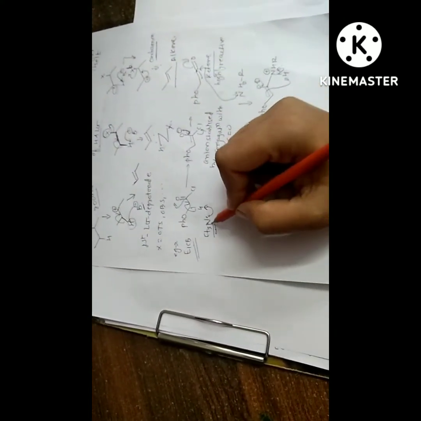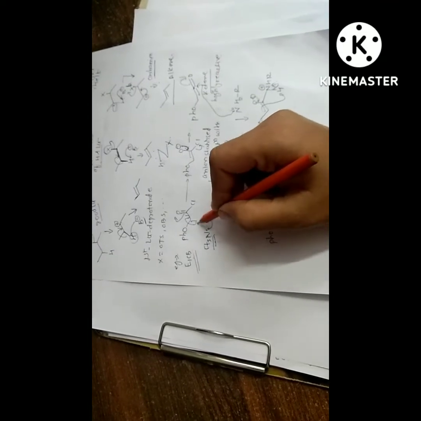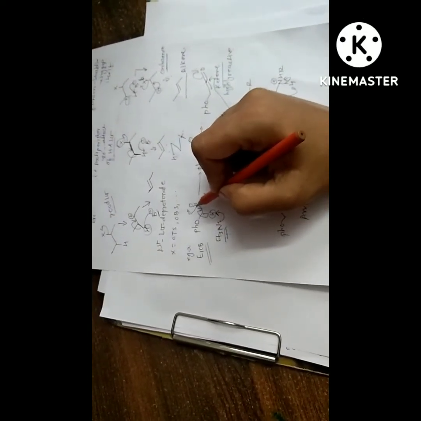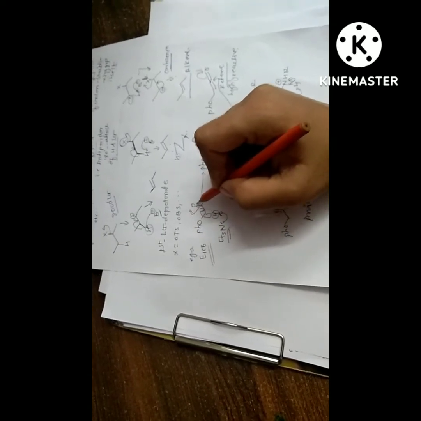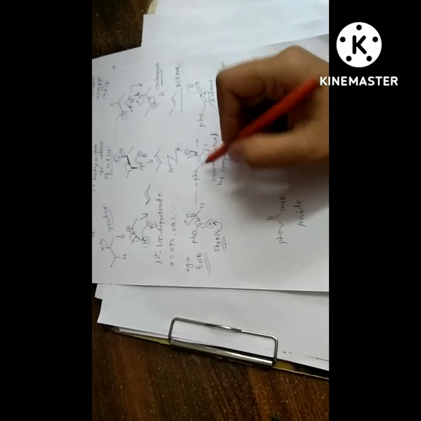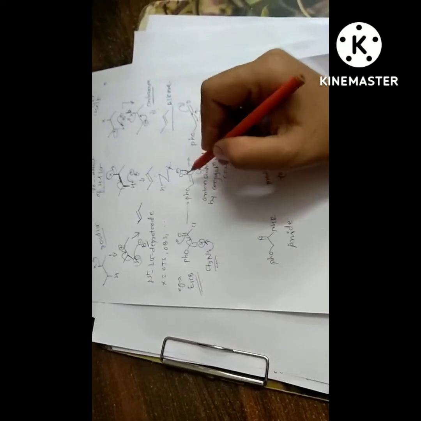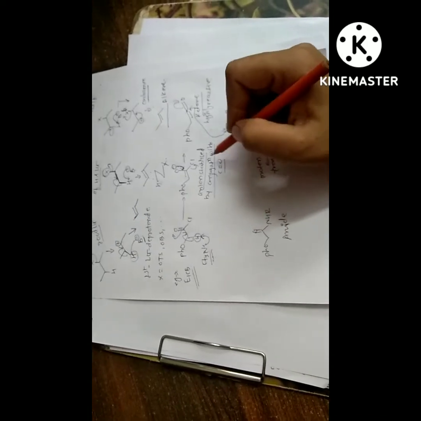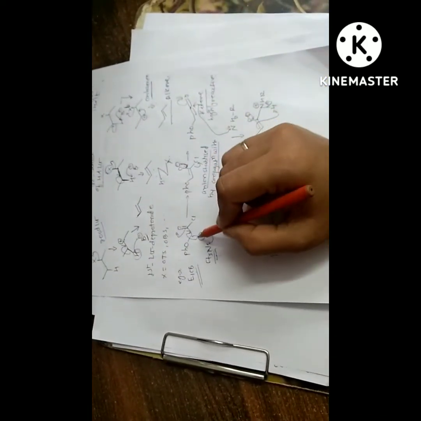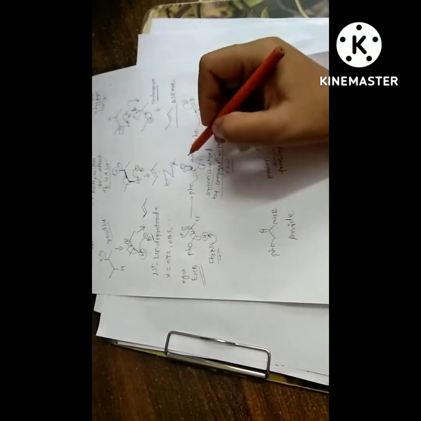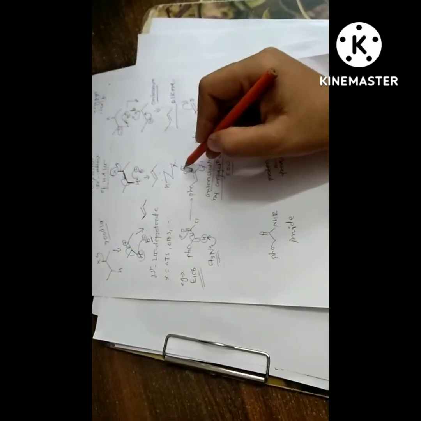The base can abstract this proton, and the bond moves, and the double bond will convert into a single bond, and in this reaction the anion is stabilized by conjugation with the C double bond O.